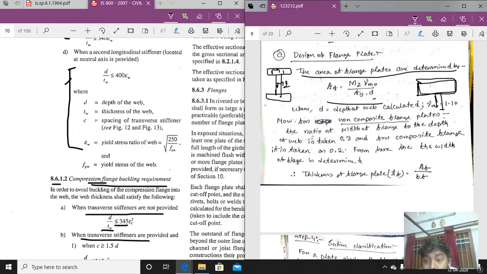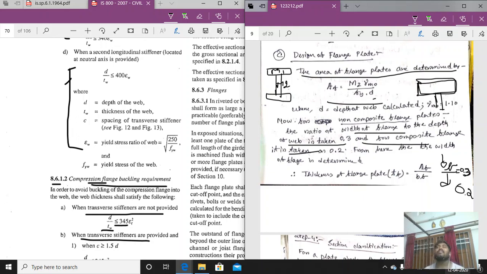For that, the ratio of the width of the flange to the depth of the web is taken as 0.3. That means BF by depth of the web equals 0.3 for a non-composite plate girder, and for a composite plate girder it is taken as 0.2.